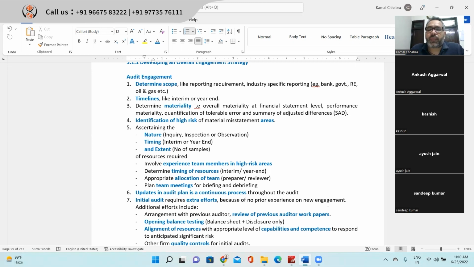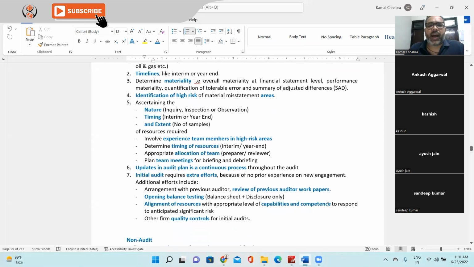And then summary of adjusted difference, SAD amount, right? These all we'll be discussing in detail when we discuss the calculation of materiality. But at high level, just keep in mind when you are doing the planning, parallelly you need to calculate and determine the materiality for the respective levels: financial statement level, performance level, financial account level, and the SAD level, right?